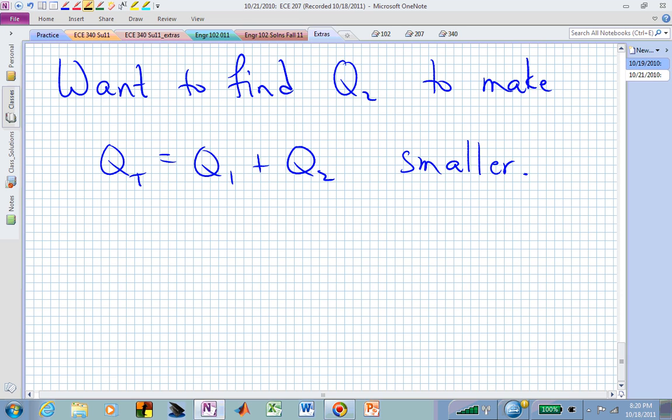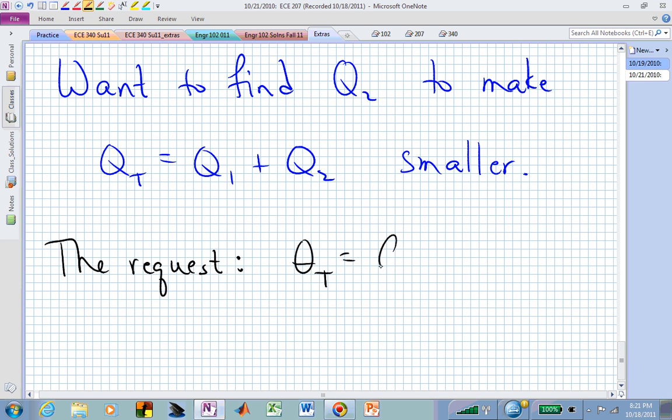We're actually given the information concerning how small we want to make Q sub 2 indirectly. The request was to end up with a power factor of 0.95.